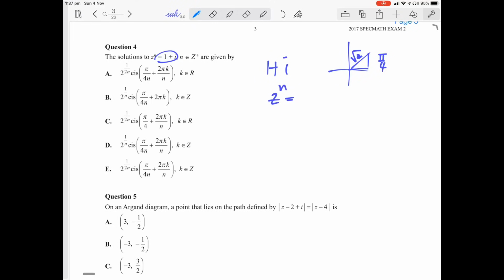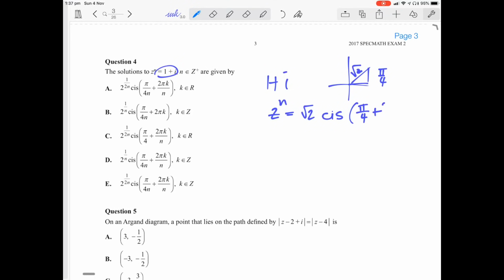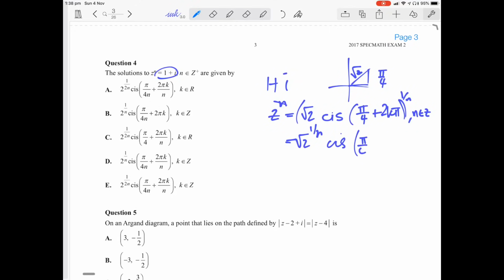So z to the n is equal to root 2 cis pi on 4 plus 2k pi, and as an ln of z, cross out that n, 1 on n, so we're going to get root 2 to the 1 on n, cis, divide them both by n, so pi on 4n plus 2k pi on n.